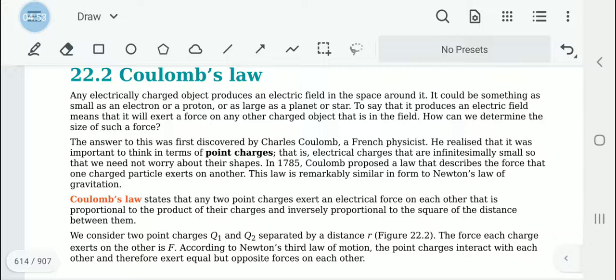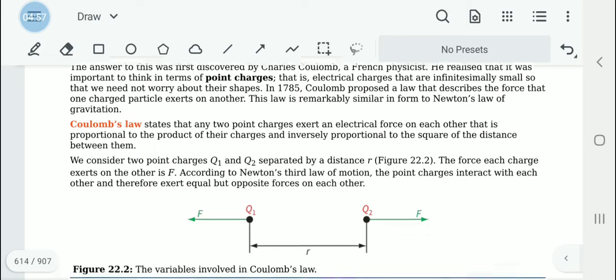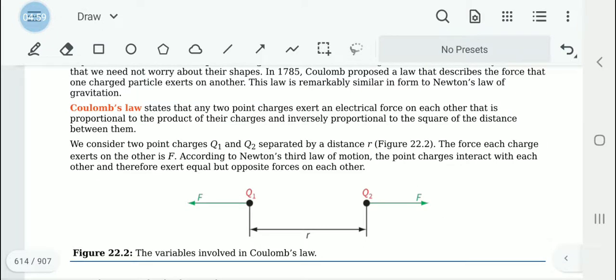So if we consider two point charges Q1 and Q2, separated by a distance r, then we know that Coulomb's law says that the force is proportional to the product of their charges, that is q1 into q2, right?